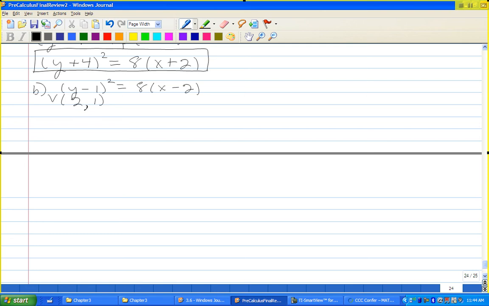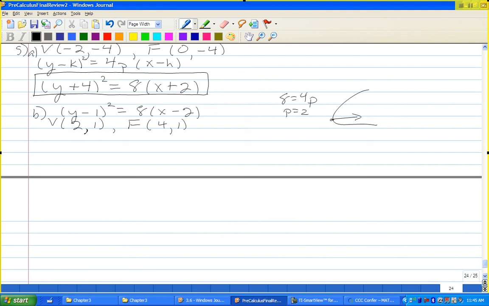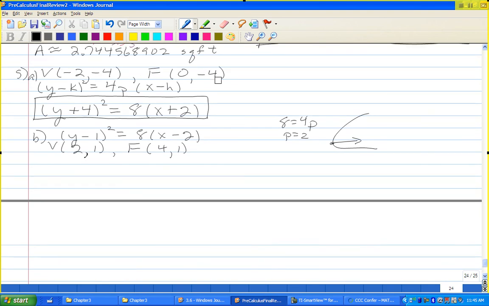The focus. Okay, so this is a y squared, so again, it's going this way. And I have that 8 is 4p, so p is 2. So that means you're going 2 in the x direction from the vertex. So that's going to be at 4, 1, just like what you did up here.